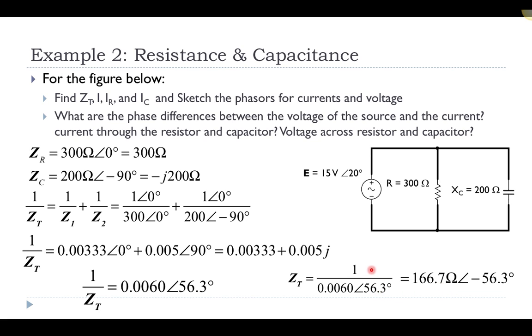And then reciprocal just means you switch the angle, which we've talked about in previous lectures, or you can imagine that there's a phase angle of 0 up here, or phase shift of 0, so this is negative 56.3. So the two components that I have here can be replaced by one equivalent impedance value of 166.7 with an angle of minus 56.3.